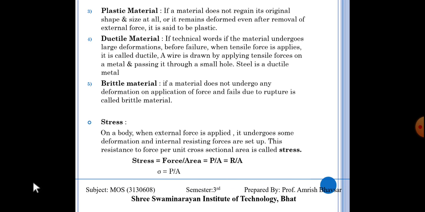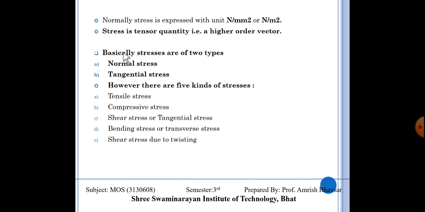Stress is equal to force upon unit area. So stress is indicated with the help of sigma, and sigma is equal to force upon area. Normally, stress is expressed in the unit Newton per mm square or Newton per meter square, but generally we are using Newton per mm square.